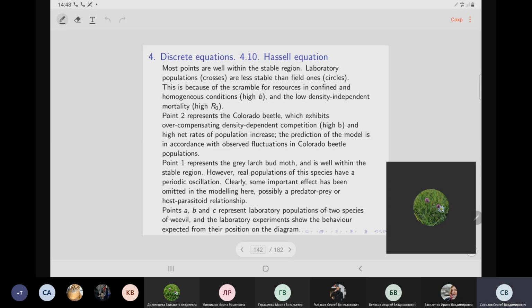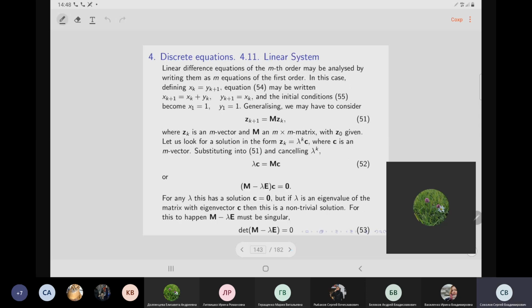So that's all about insect populations. And let's say a few words about Fibonacci rabbits, about these multi-step systems.